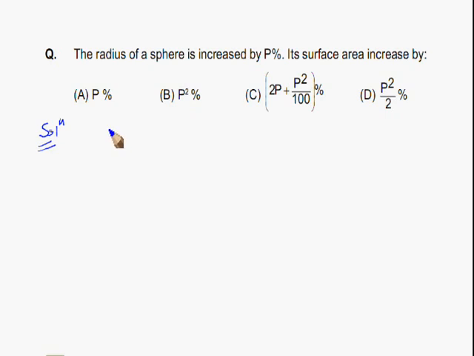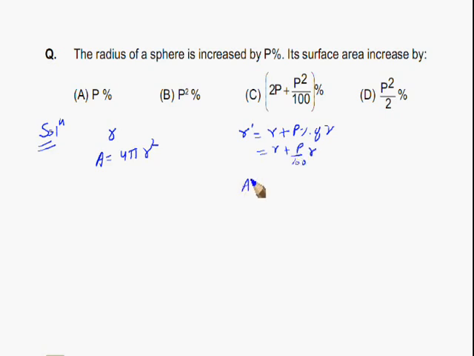Let the radius of a sphere be r. Now the surface area, let's say denoted by A, is 4 pi r square. Now when we increase the radius, the new radius, let's say r dash, becomes r plus p% of r, that is r plus p by 100 r.